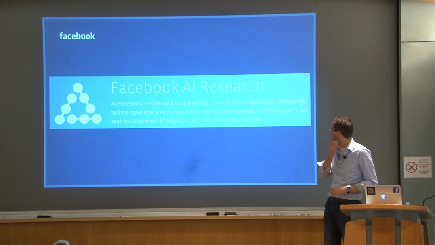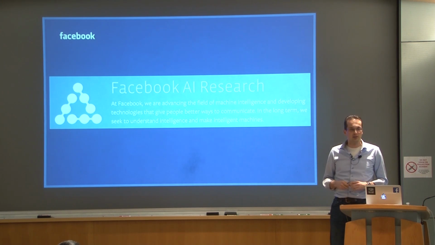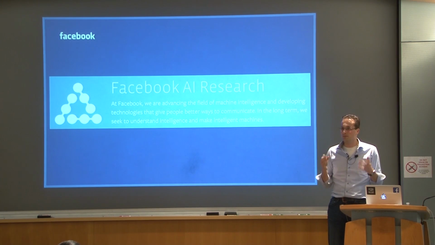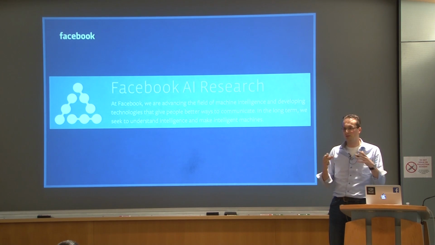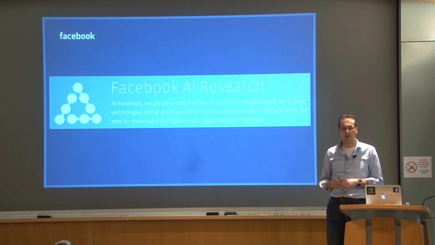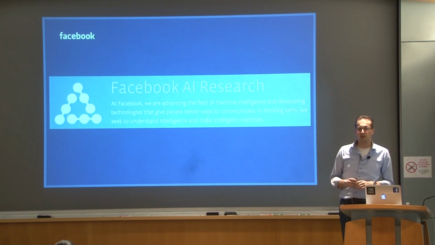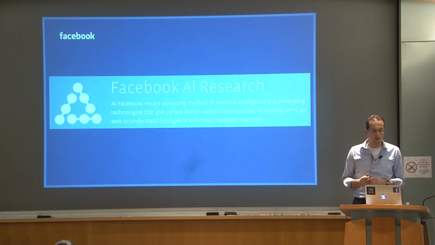So I'm working now at Facebook AI Research, a research lab whose final aim is to build artificial intelligence. But since we don't really know how to do that yet, in the meantime we're trying to solve problems in computer vision, in natural language understanding, in speech recognition, all those fields.